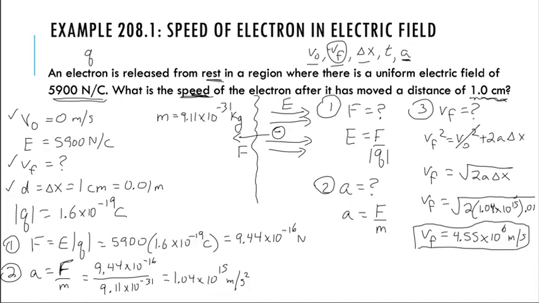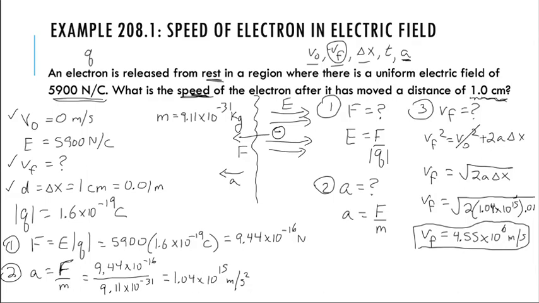As far as using the kinematic equations, first of all, we would have gotten a negative acceleration because the acceleration and the force are always in the same direction. So we would have gotten a negative acceleration to plug in here to find v final.